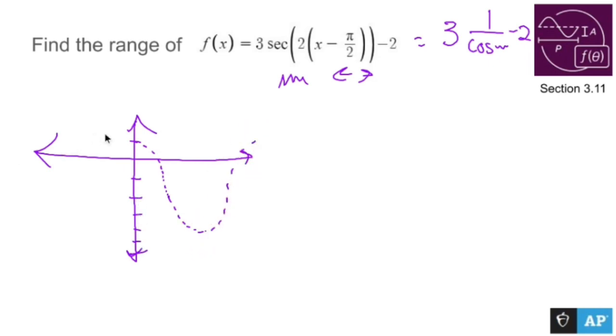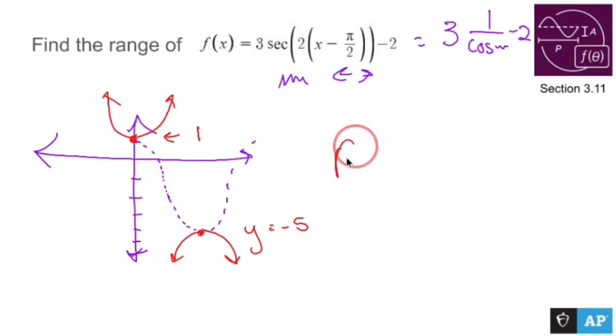So my secant function is going to start right here where the y value is 1, and it's going to start down here where the y value is negative 5. Which means my range is going to be everything above 1 and everything below negative 5.